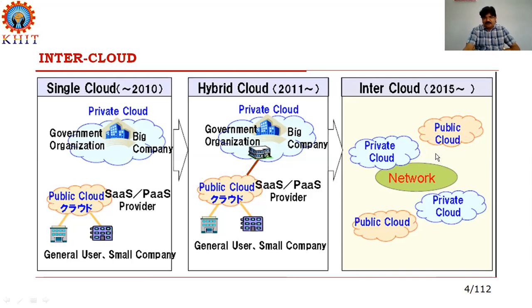There are two different public clouds and two different private clouds. These different types of private and public clouds can be connected through a network. The different clouds sharing the network internally is called intercloud computing.